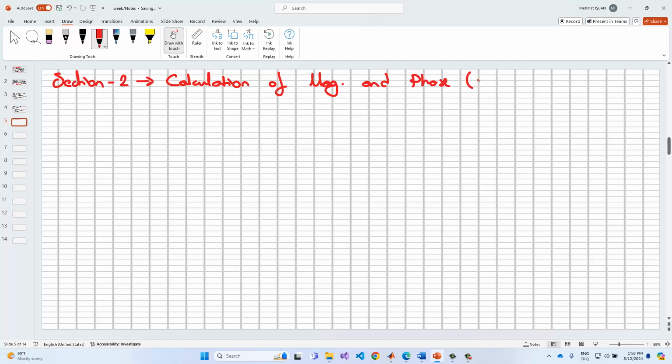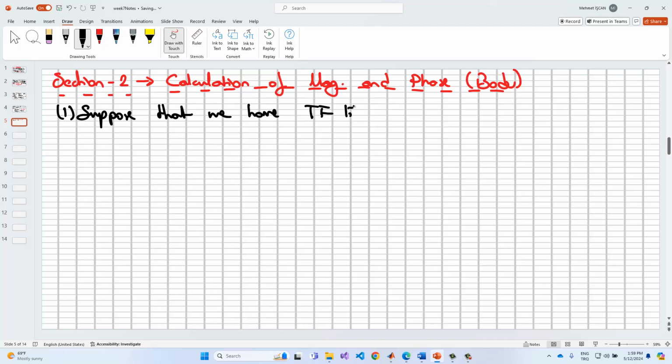It's the Bode. First of all, we need to do a step-by-step analysis of this case. Suppose that we have a transfer function like this one.